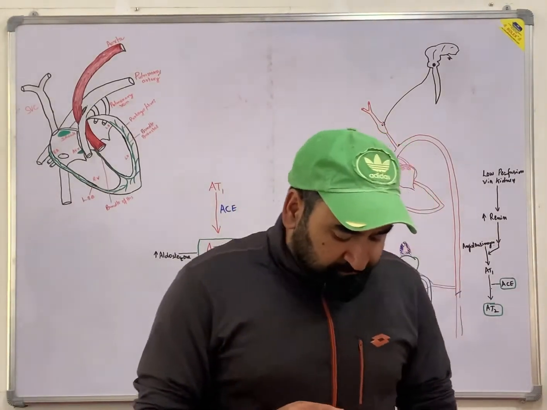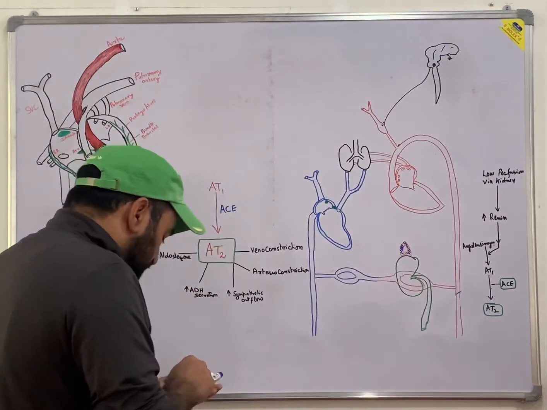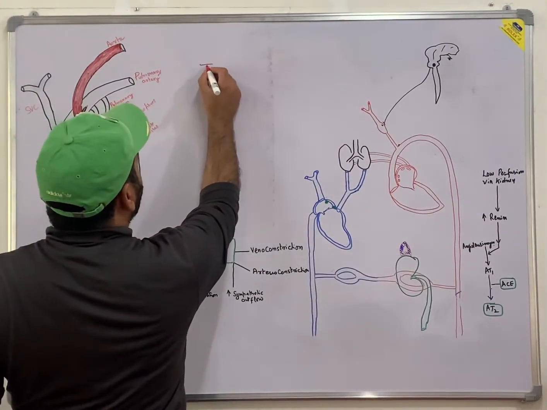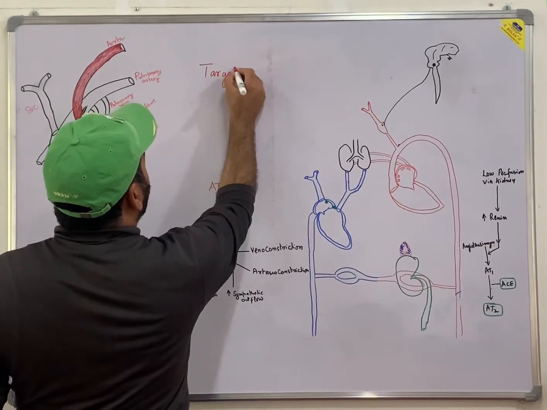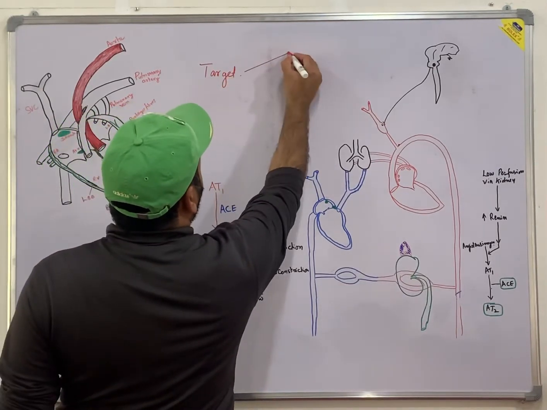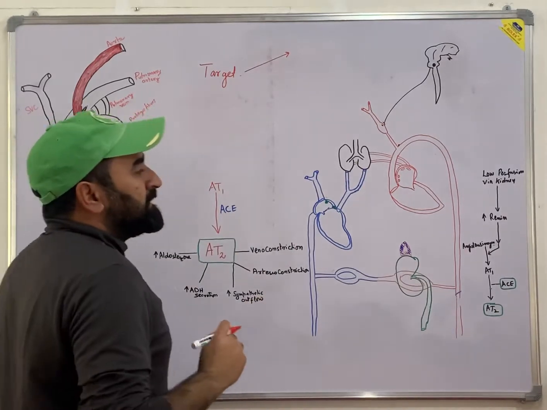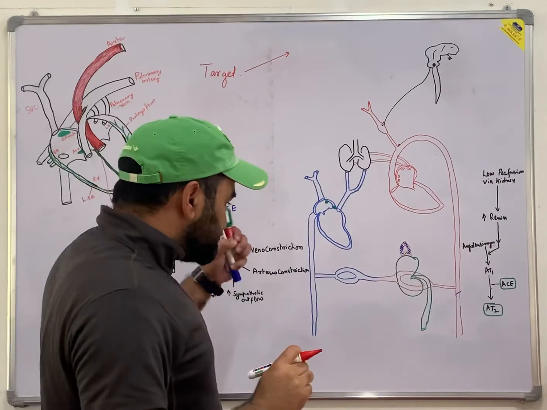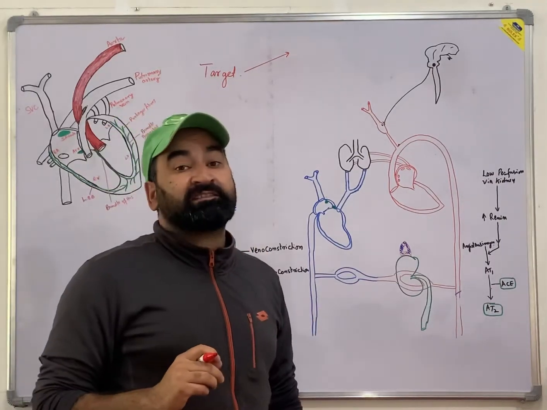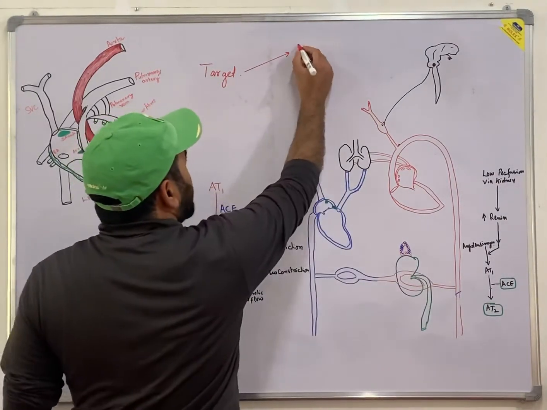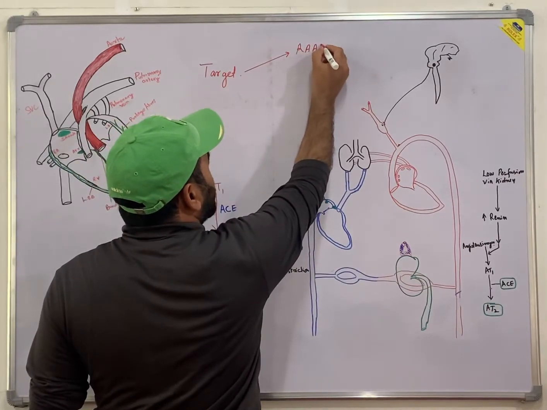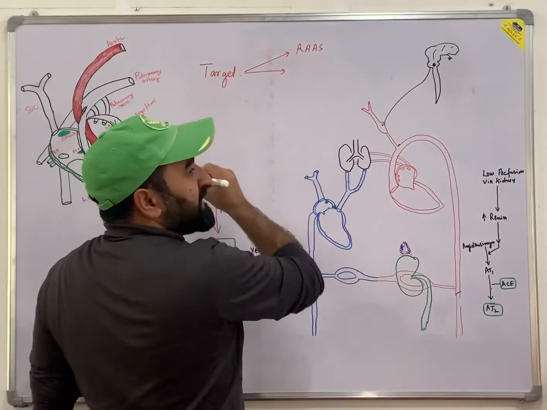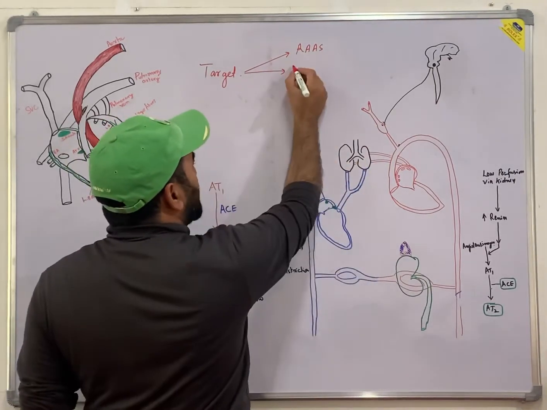Okay, so that means what are the targets you have to hit in congestive heart failure? That means the main culprit in congestive heart failure is renin, angiotensin, aldosterone axis. Okay, you need to target the sympathetic outflow.